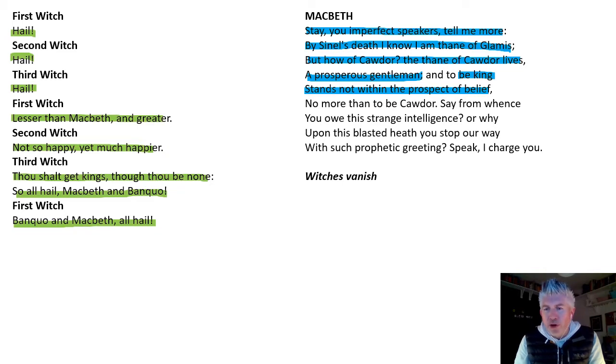He wants more information from the witches, and he's using that command sentence structure again. "Say from whence you owe this strange intelligence, or why upon this blasted heath you stop our way with such prophetic greeting. Speak, I charge you." So Macbeth is quite demanding in the way he speaks to the witches in this little speech here.